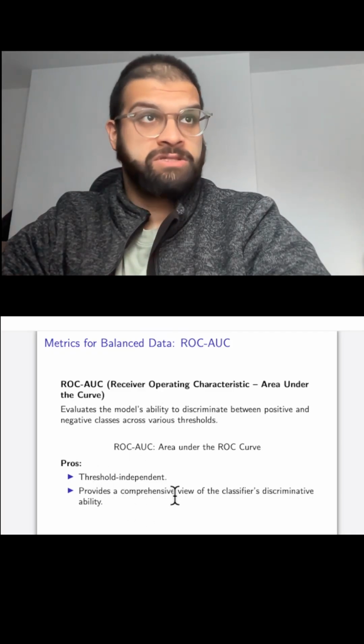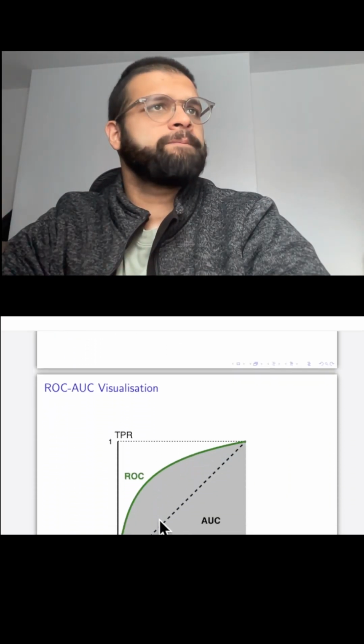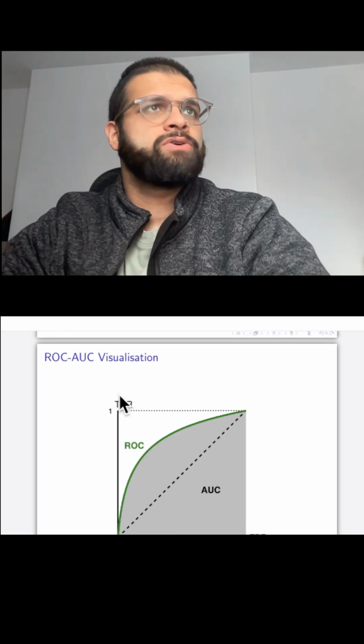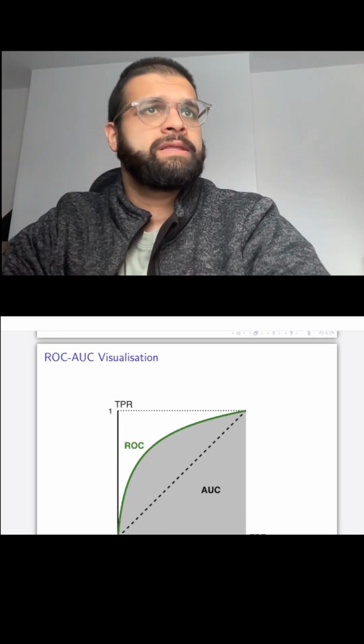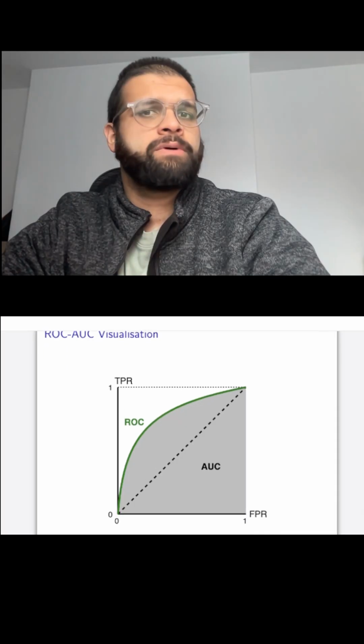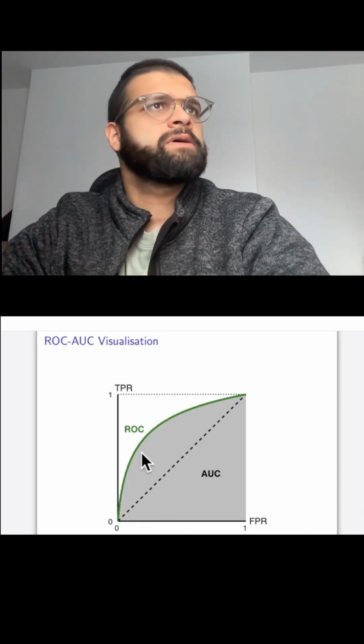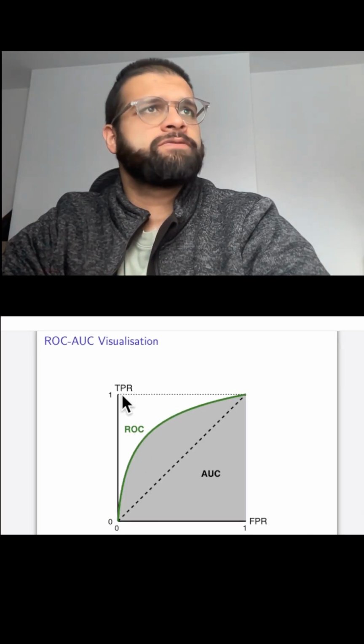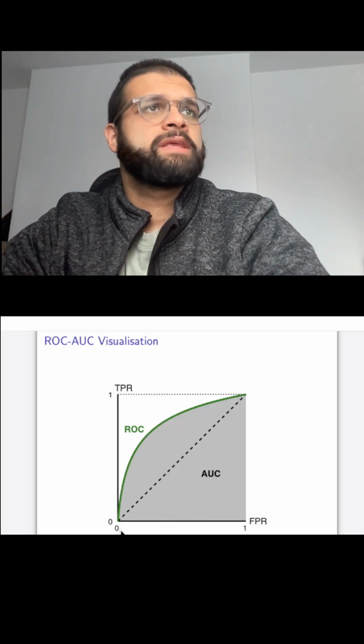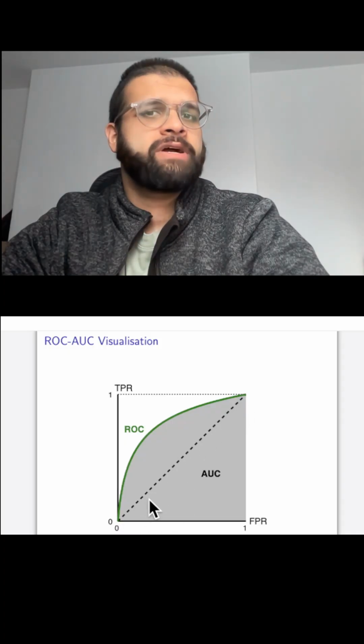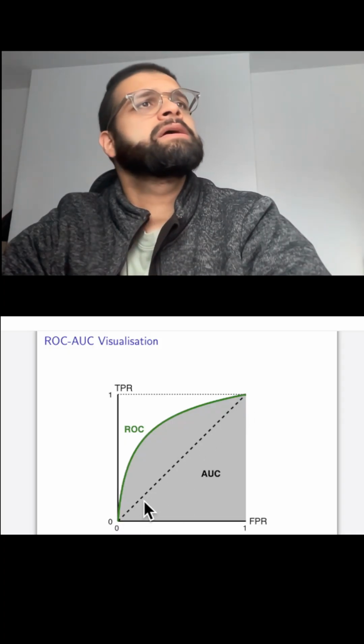I'll show you a visualization of this right now, which looks like this. This is your true positive rate, this is your false positive rate, and this is your area under the curve. The dashed line is a random classifier which you can use as a baseline.